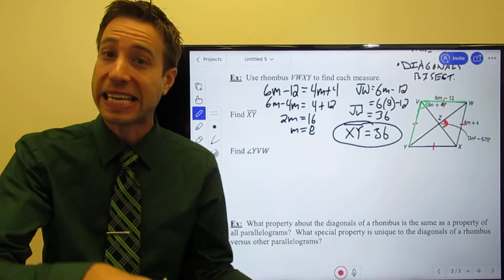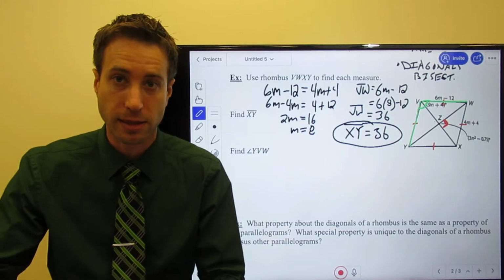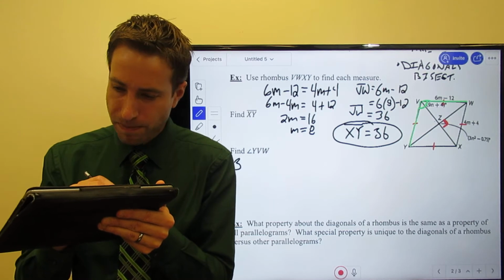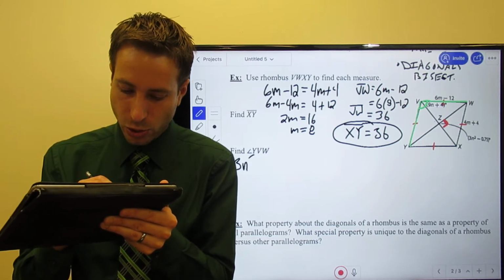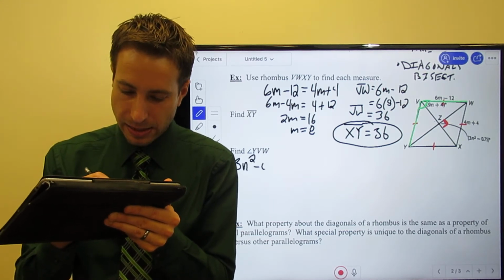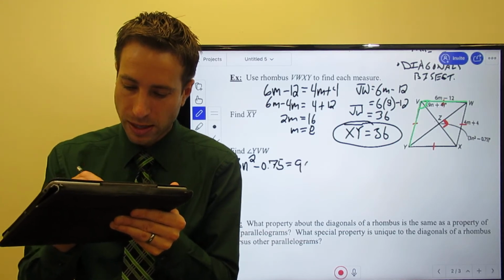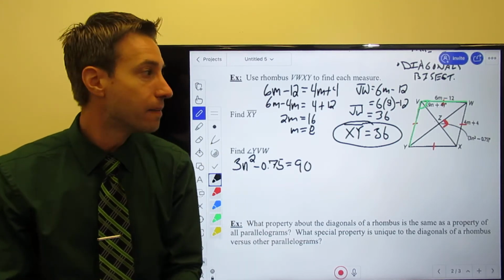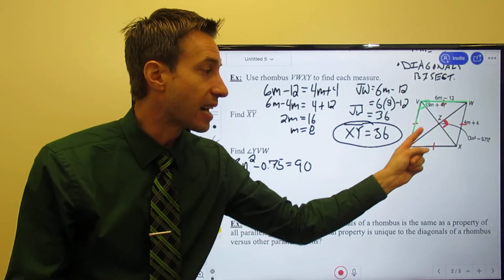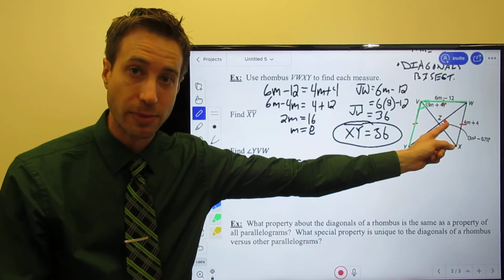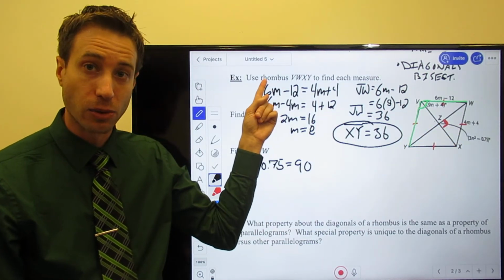But that has to be equal to 90 degrees because the diagonals are perpendicular. So that lets me set up an algebra problem where 3n squared minus 0.75 has to be equal to 90. Why? It's a rhombus, and the diagonals are perpendicular to each other, so I know that has to be 90 degrees.